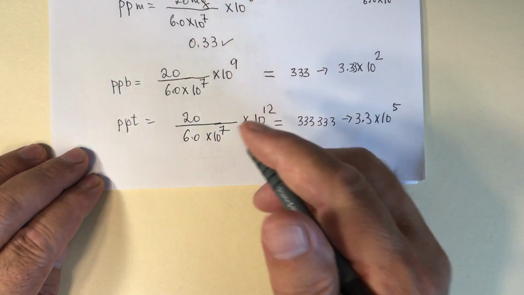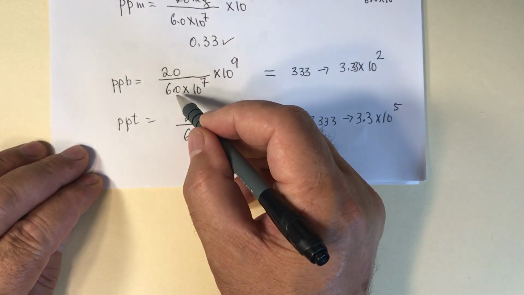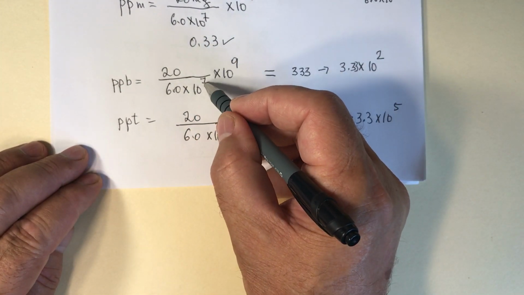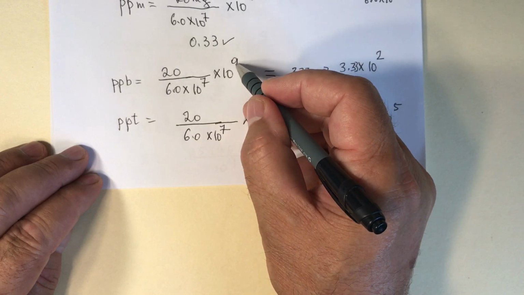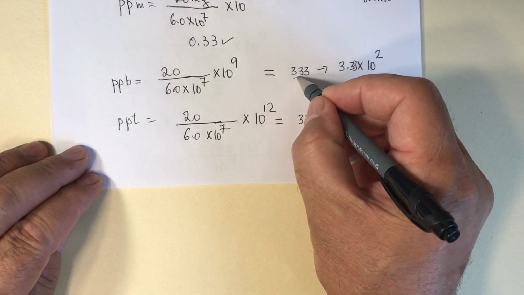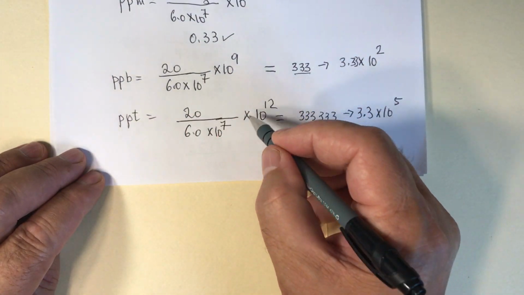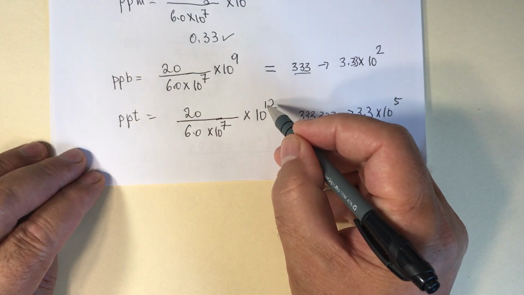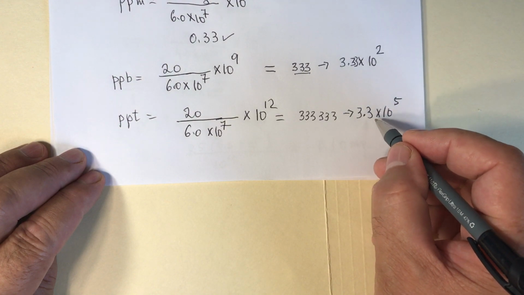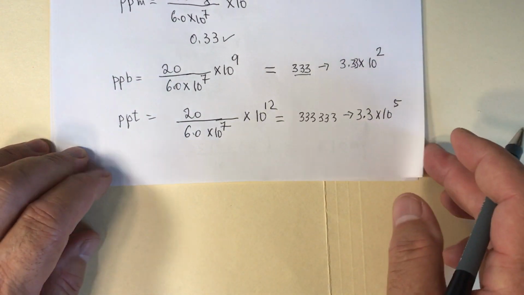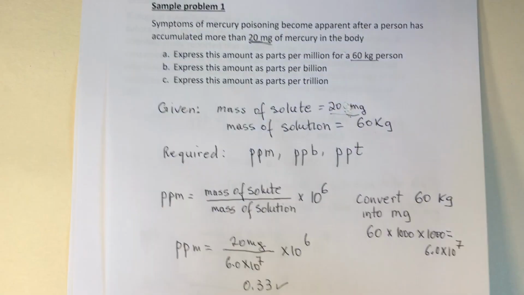Parts per billion: 20 over 6.0 times 10 to the power of 7, times 10 to the power of 9, and you get 333. Parts per trillion, the same fraction but multiplying by 10 to the power of 12, and you get 3.3 times 10 to the power of 5 parts per trillion.